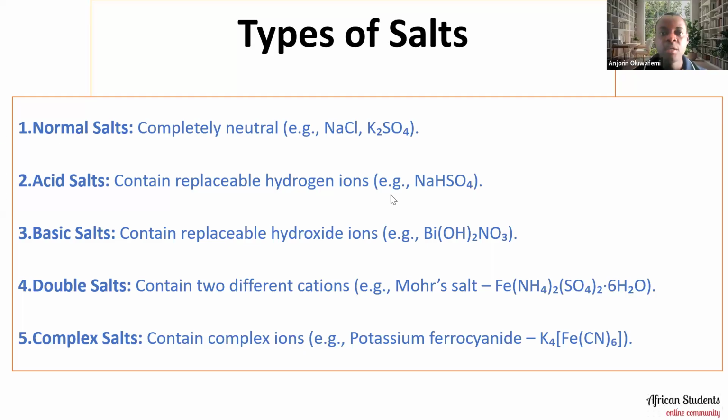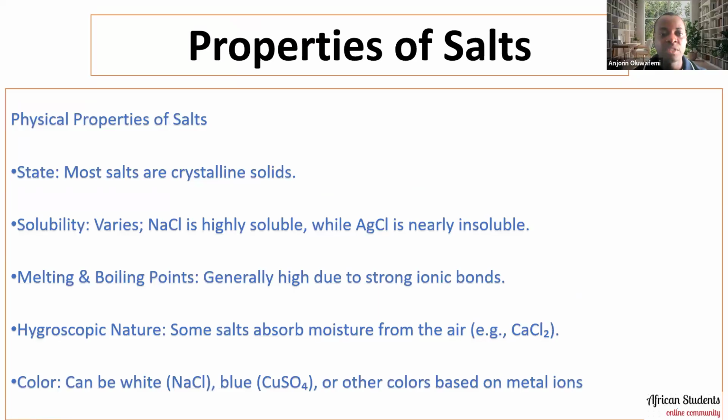Okay, all right. So we look at the properties of salts now. Based on their state, we can say that most salts are crystalline solids. Based on solubility, it varies. Sodium chloride is highly soluble, while silver chloride is nearly insoluble.